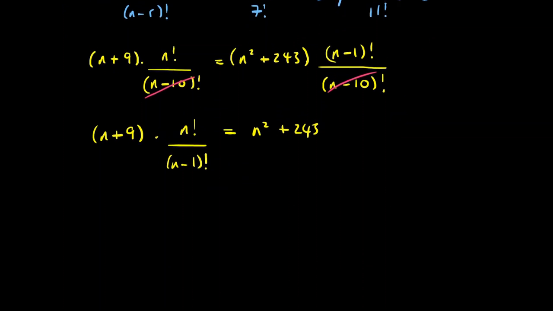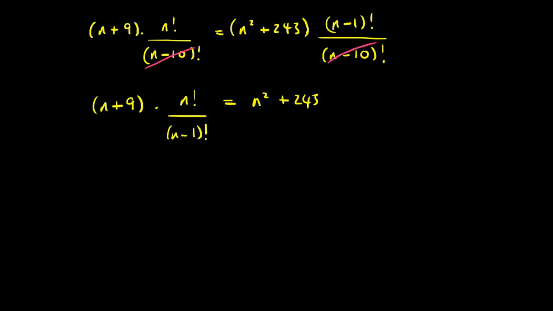And we just said that n factorial divided by n minus 1 factorial is the same thing as n. So what we've got is n plus 9 times n is equal to n squared plus 243.